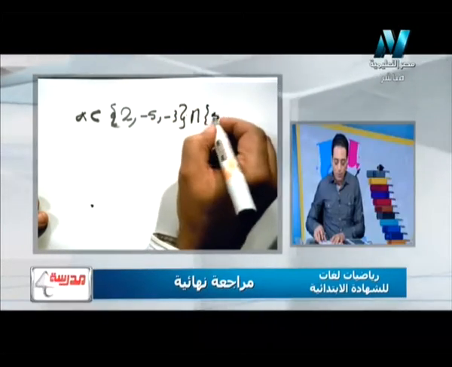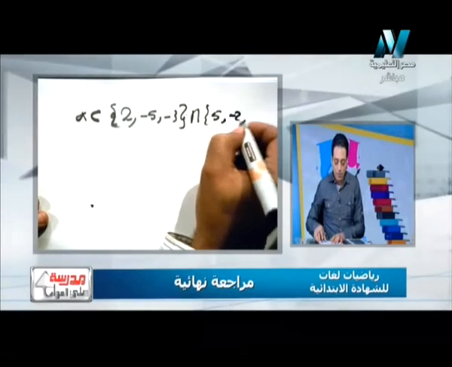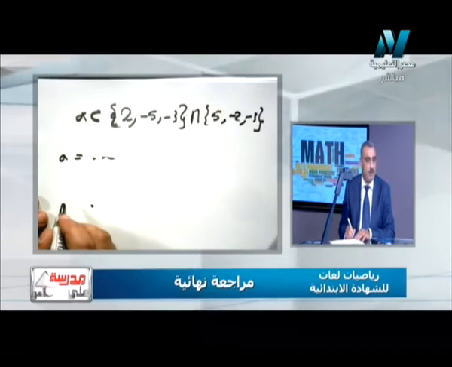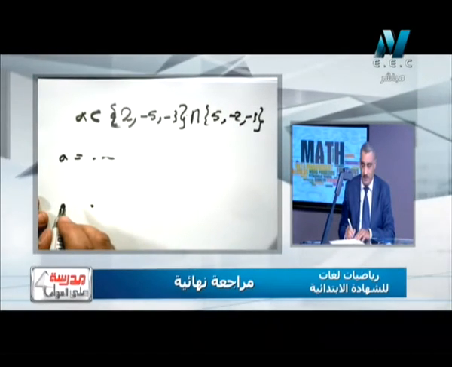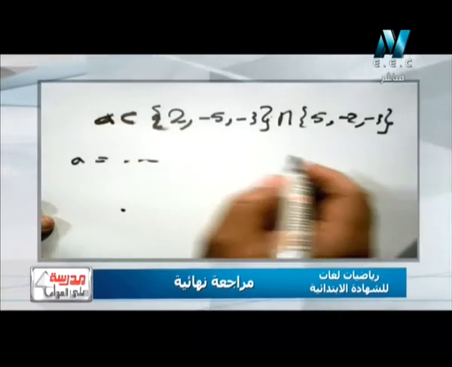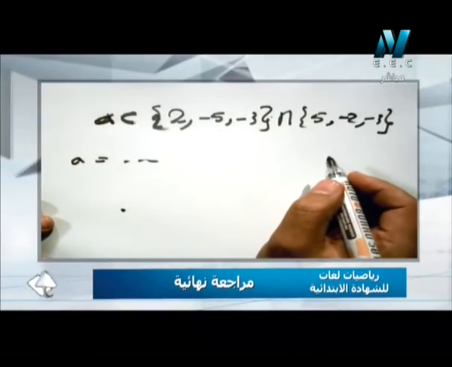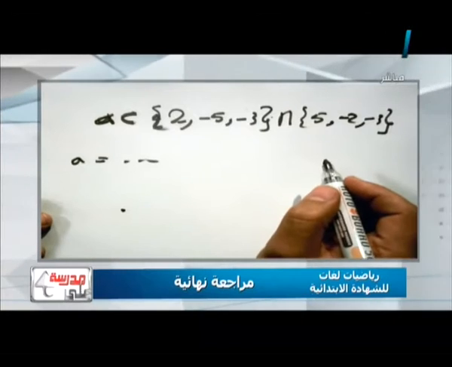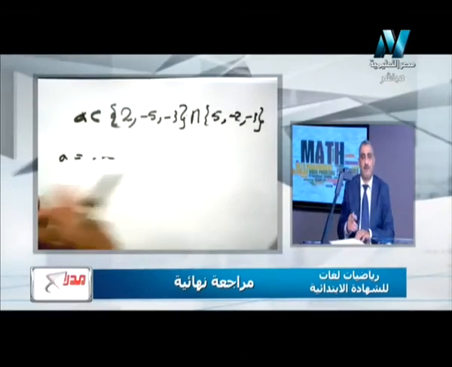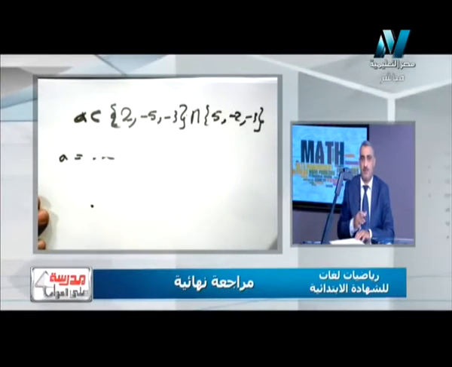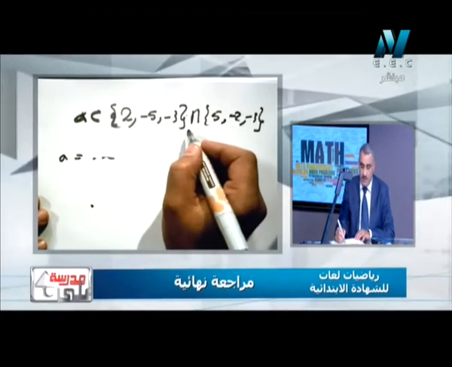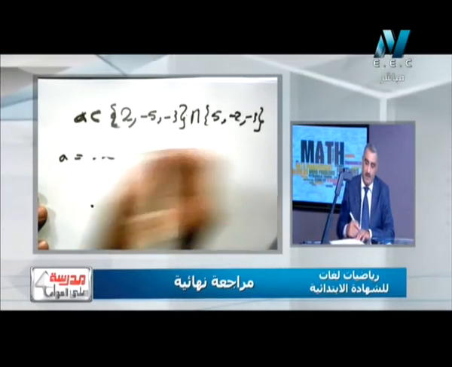It's a very important idea, my dear students. He said that A is a subset of the intersection of two sets. What is the intersection of two sets? The intersection of two sets means the repeated numbers between the two sets. The number repeated between the two sets here is negative 3.